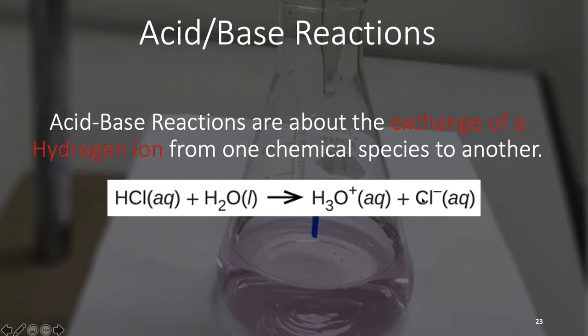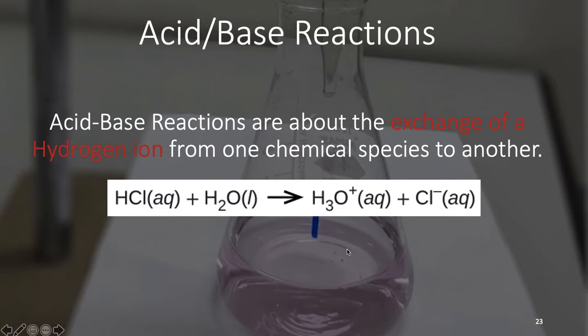If you have a strong acid and a strong base reaction, what you will have is the formation of water. They're called neutralization reactions, and that only happens with a strong acid and a strong base. Strong acid like HCl and strong bases are bases of group 1 metal ions, such as sodium, potassium, lithium, etc. So when you have those types of acid-base reactions, you will have complete transfer.